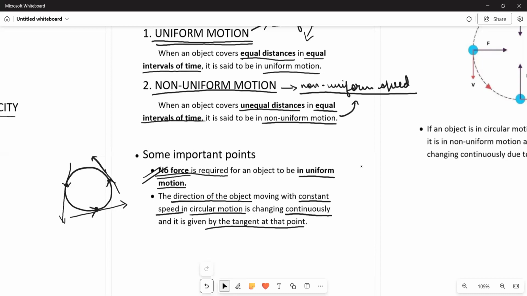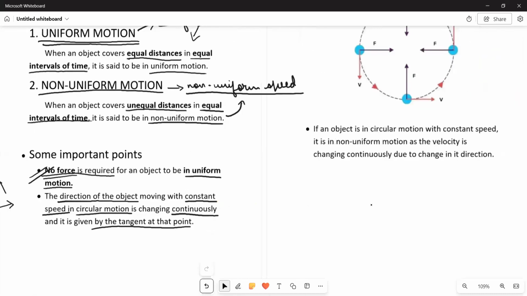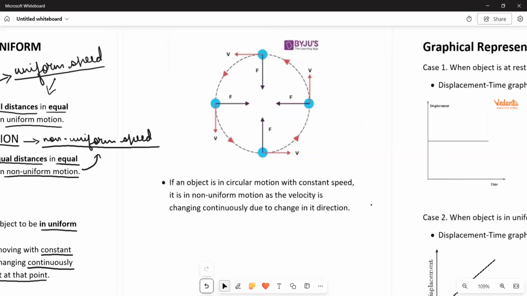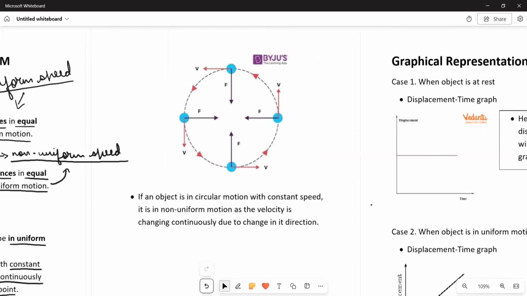The same you can see over here. Got one diagram for you. Check this. If we want to check the direction of motion at this point, we'll draw one tangent. See, this is our tangent, and this will show the direction of our motion. The same is there for this point.